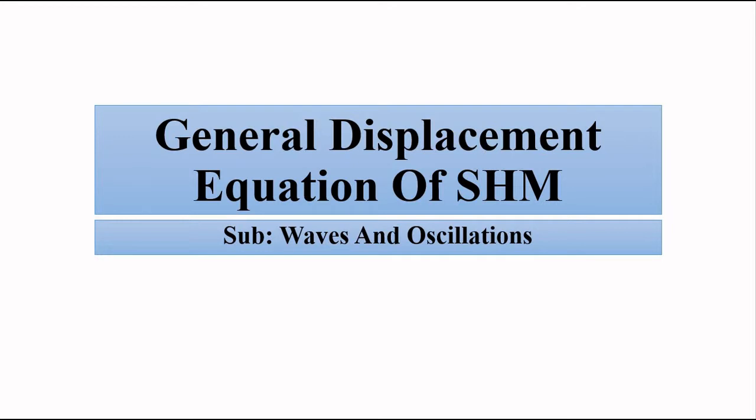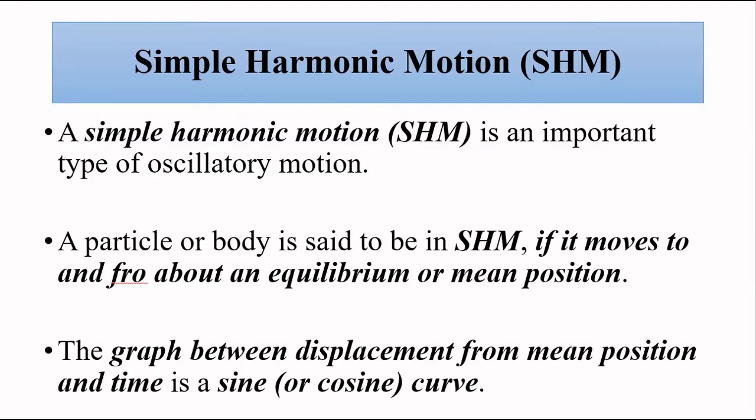So we just discussed simple harmonic motion, and in this video we are going to discuss the general displacement equation of SHM, or simple harmonic motion. Just to quickly recollect the basic things, simple harmonic motion is an important type of oscillatory motion in which there is a to and fro movement of a particle or a body about an equilibrium position, center position or mean position, whatever you want to call it.